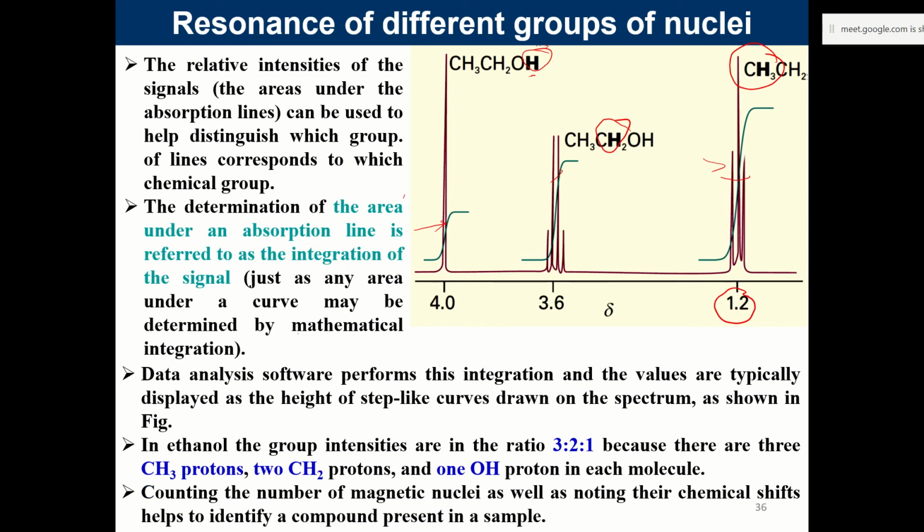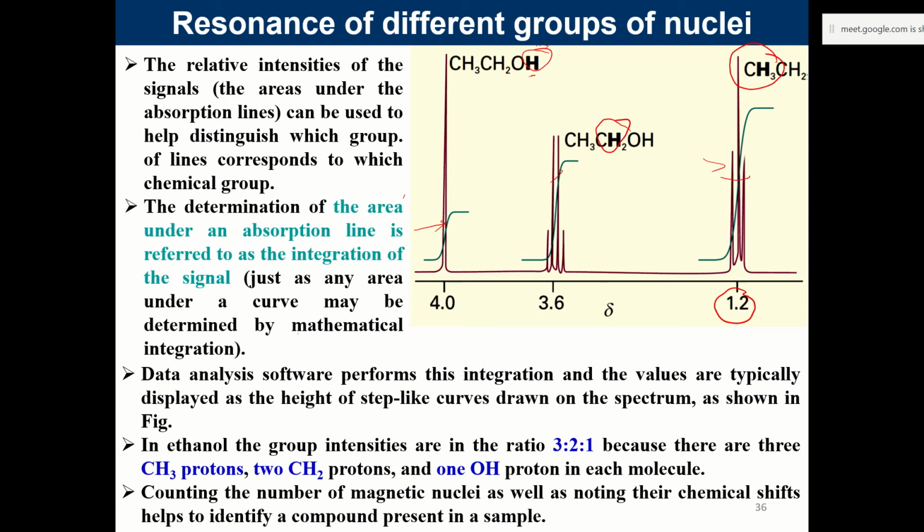So it helps when we perform this kind of analysis. Looking at the splitting pattern, we will discuss later. There are three things that we can observe: chemical shift values, the intensity of the signals, and the splitting pattern. The splitting pattern we will discuss at the very end, because it is a little complicated and we will work out the details and the reasons. We are taking up the simpler things first.